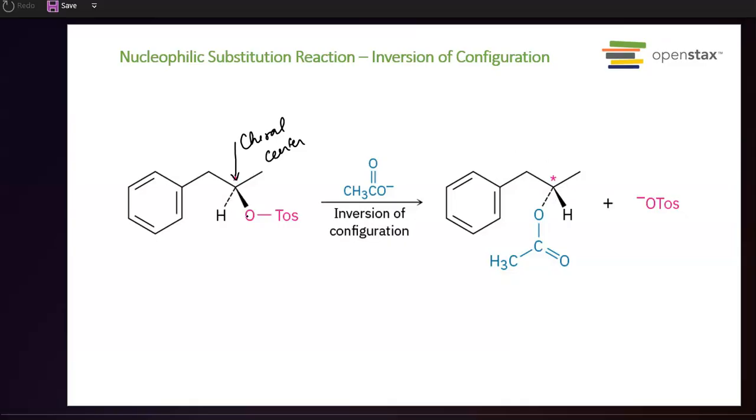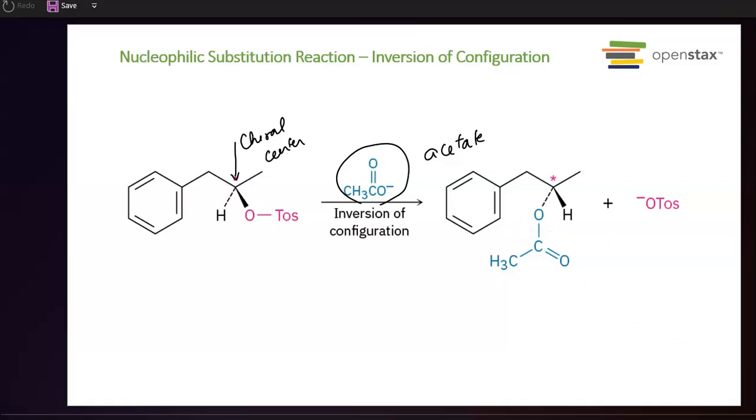Here we have the tosylate. This is a good leaving group. This is not a halogen, but it's similar, actually one of the best leaving groups, which is called tosylate, and it is coming out of the plane here. But here the new nucleophile, which is your acetate ion, replaces the tosylate also by inversion of configuration.